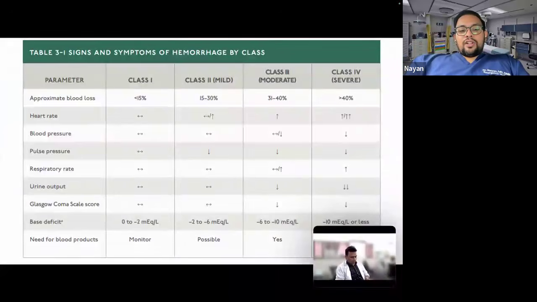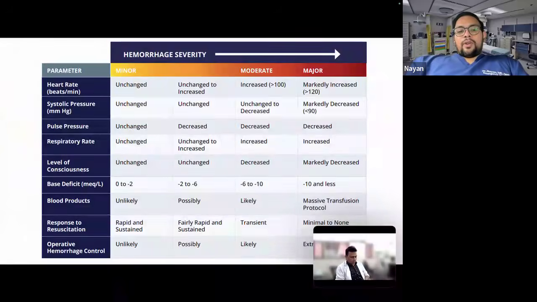In this classification, you can observe one thing: approximate blood loss. This approximate blood loss is very difficult to identify in the trauma patient. How do we know how much the patient lost? That is one thing. And the next things are urine output and GCS. So these three you have to see. Now in the new classification, they have removed that.